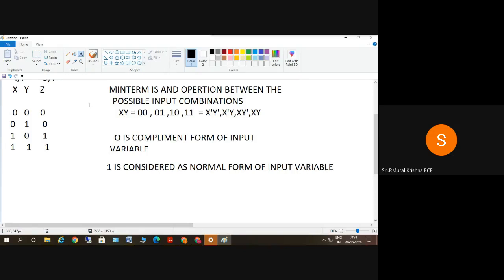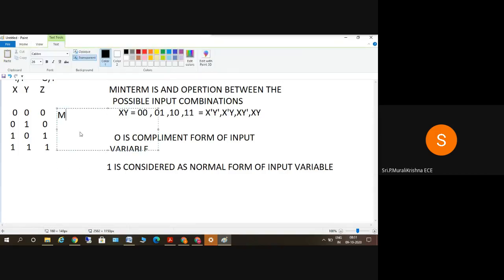When you are given the minterms, I'll give some names to them. A minterm is denoted by small m. For the possible input combination 0 0, I'll call it m subscript 0.